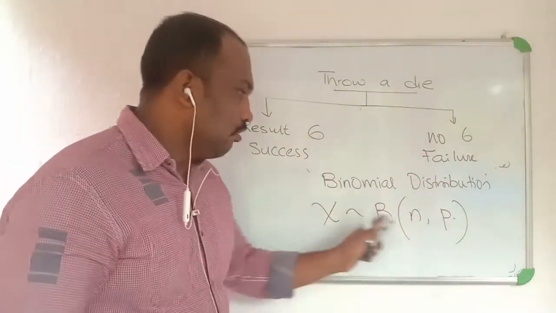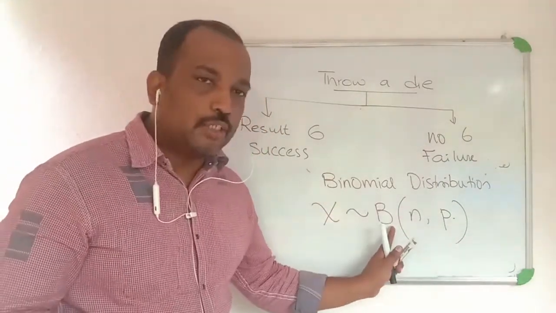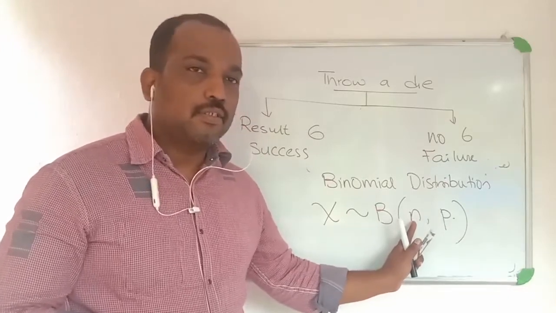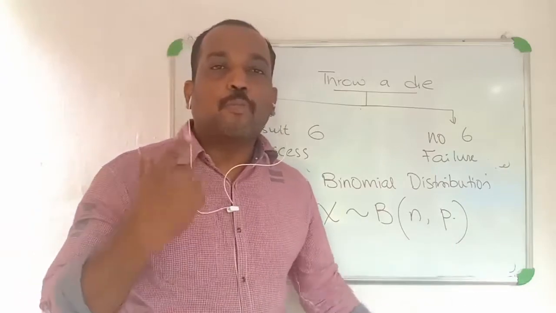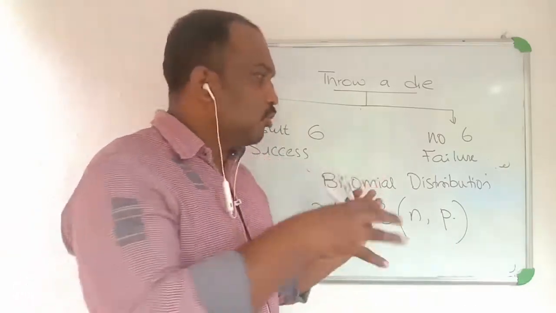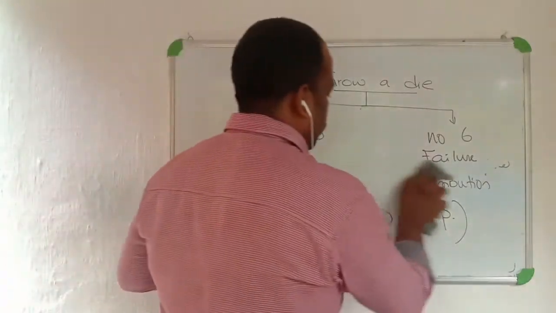We have already learned all these things in AS level. X follows a binomial distribution with parameters n and p, where n is the total number of experiments and p is the probability of success. When you compare this with our example, it is whether you get a 6 or not.